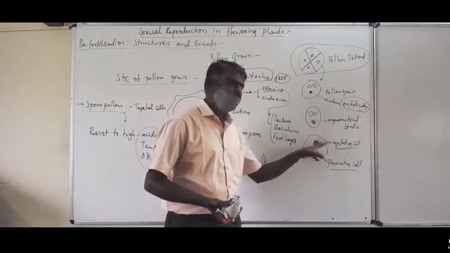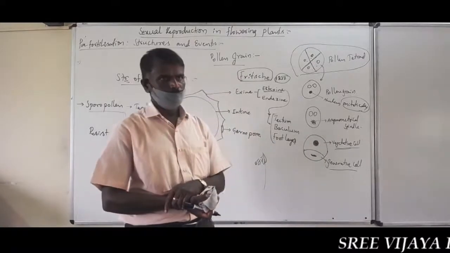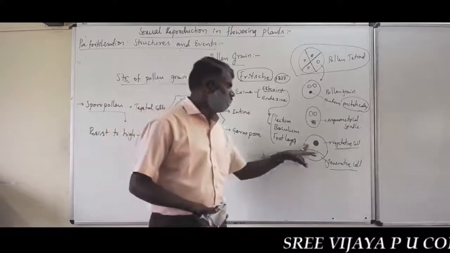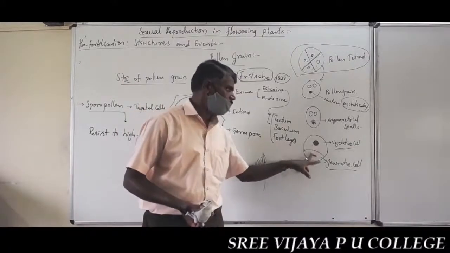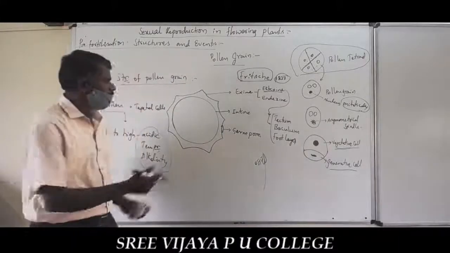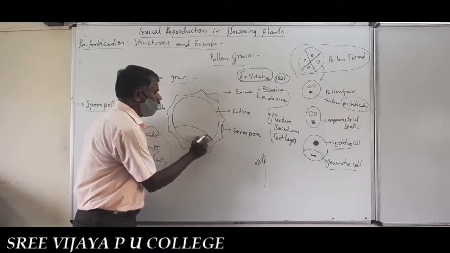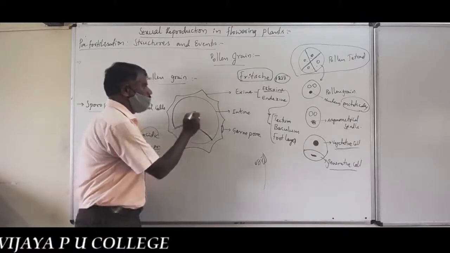It is freely swimming in the cytoplasm. These are the two cells of a pollen grain. The larger one is called the vegetative cell, the smaller one is called the generative cell.